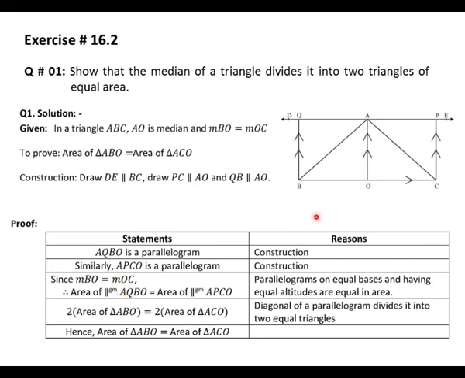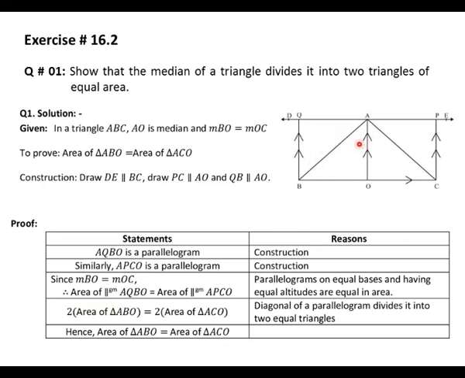Again, AB is behaving as a diagonal in this parallelogram, and AC is behaving as a diagonal in this parallelogram. And we know from the theorem we did that a diagonal of a parallelogram always bisects it or divides it into congruent triangles. So we can replace the area of parallelogram AQBO by 2 times the area of triangle ABO.